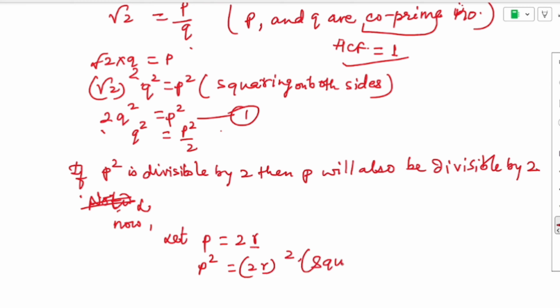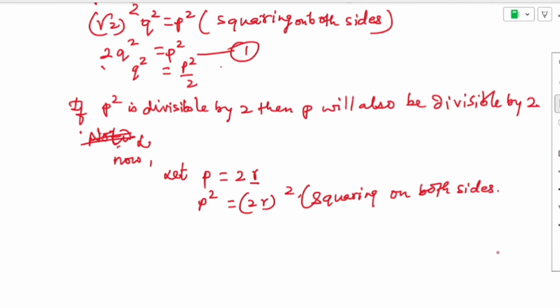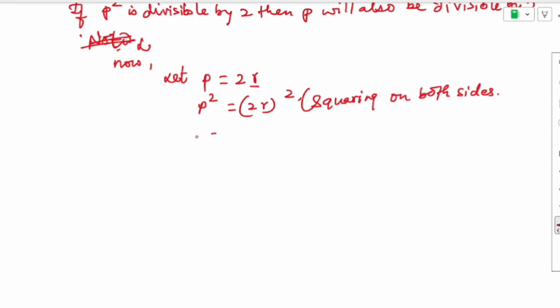Then P square equal to 2R square. We are squaring both sides again, so we get P square equal to 4R square.